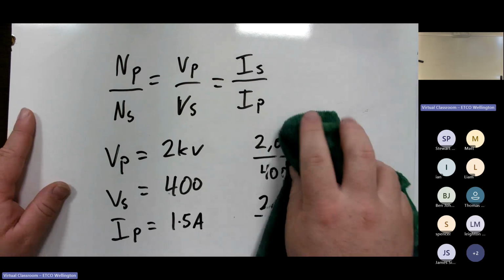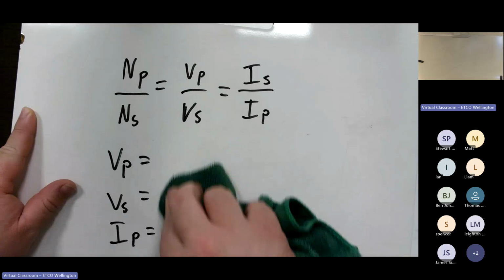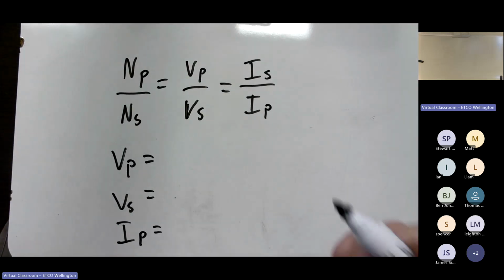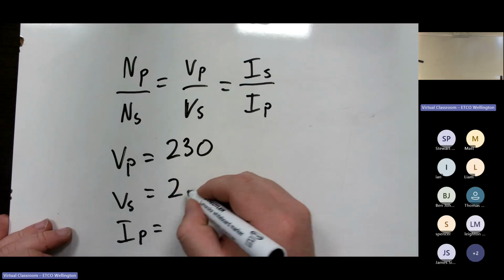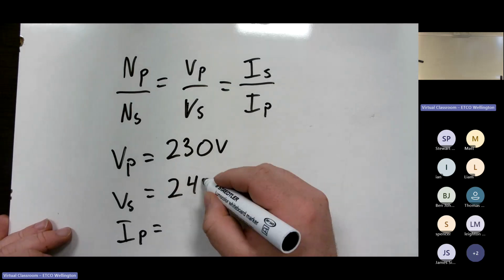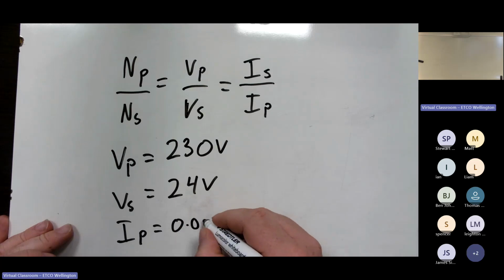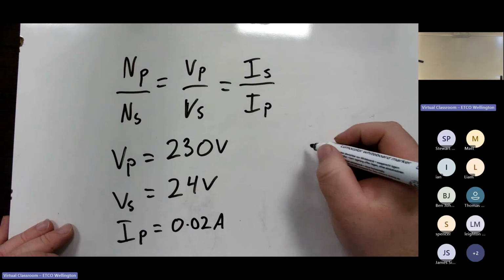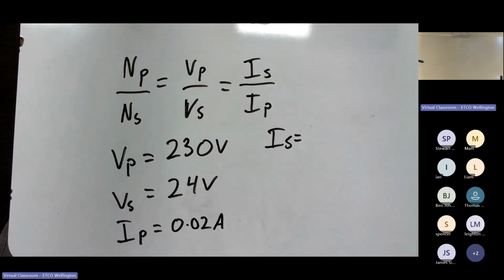Cool. So I'll leave the formula there, and then we'll go with voltage primary of 230, voltage secondary of 24 volts, and an I primary of 0.02 amps. So IS equals, I'll leave that for you guys to figure out.